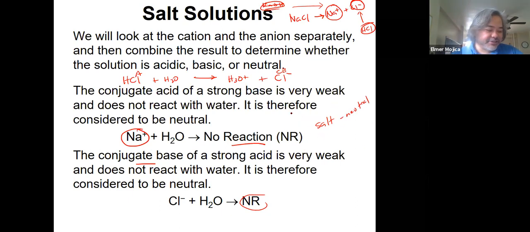Because the next thing that we're going to do is identify if a given salt is acidic, basic, or neutral. Or another way to look at it, they came from a strong acid and a strong base. So when you combine them, they will just neutralize one another.